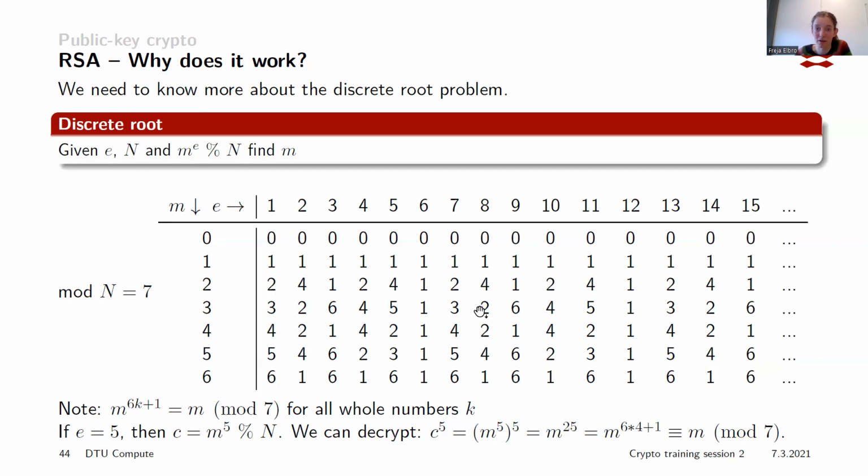And therefore, I'm going to end up in one of these columns that's just one after a column that's all ones. And that's why we choose d as the inverse of e modulo 6, not modulo 7. In the exponent, we're calculating modulo 6.